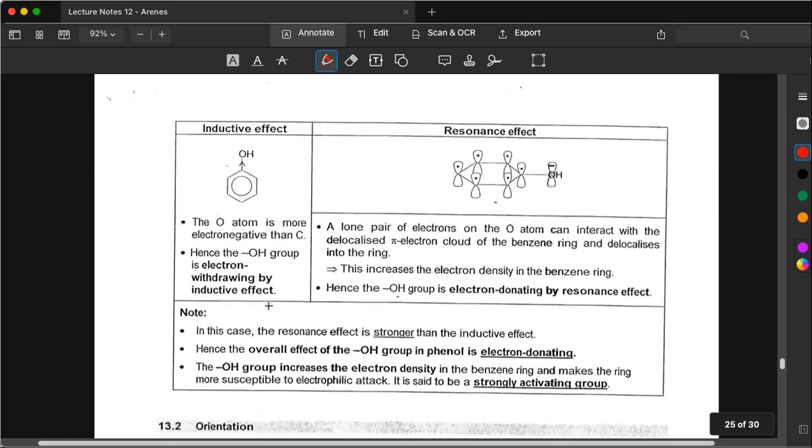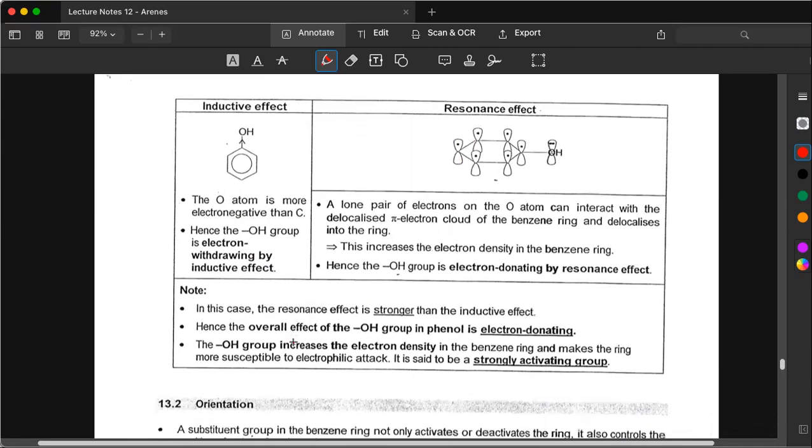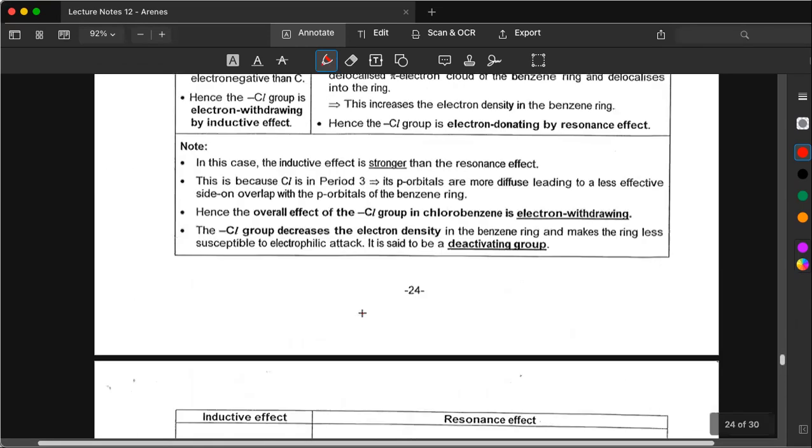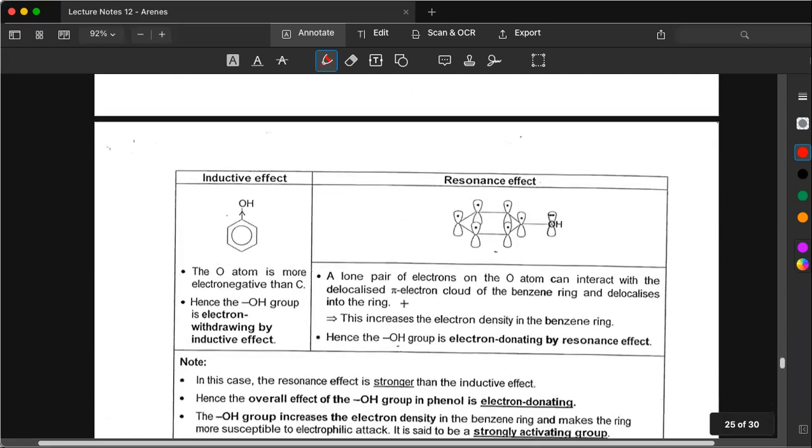But in the case of this, there's another reason, like the O is more electronegative. So the OH group is electron withdrawing, but the lone pair of electrons on O can interact with the delocalized pi electron cloud. Okay, so here is electron donating, here is electron withdrawing. But OH is electron donating, correct? The resonant effect is stronger because here is period 3, but oxygen is period 2.